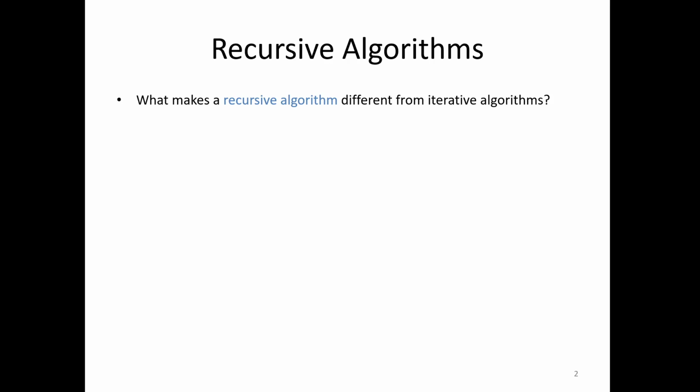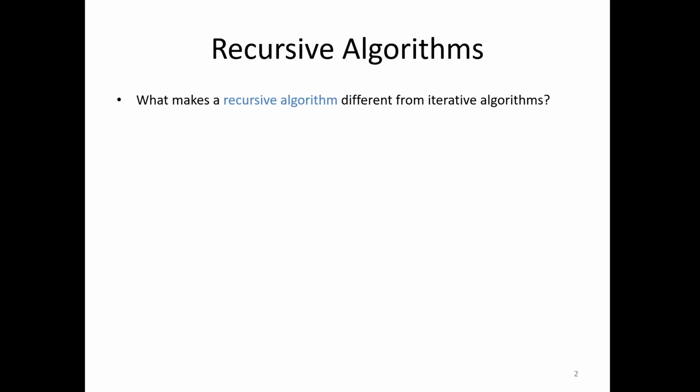So the first thing I want to remind ourselves of is the difference between our normal sequential or iterative programming and what we might call recursive algorithms or recursive programming. In a recursive algorithm, the main characteristic that makes it recursive is that it is a function or a method that calls itself.